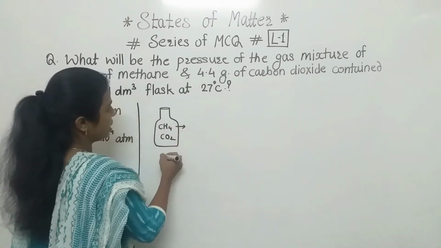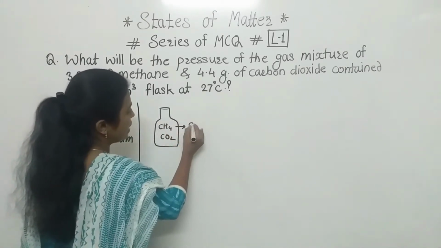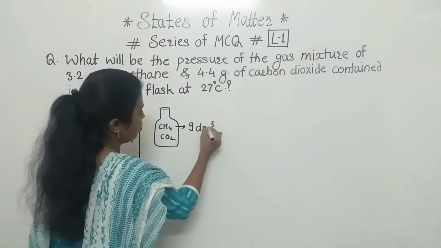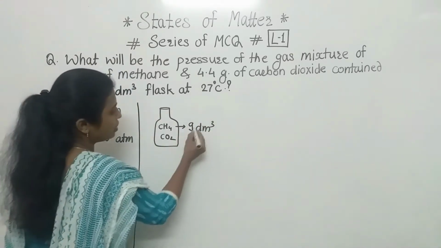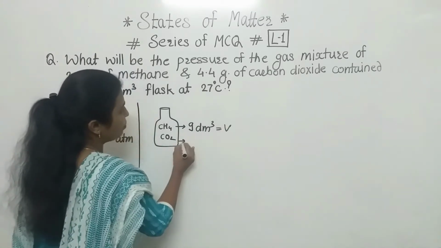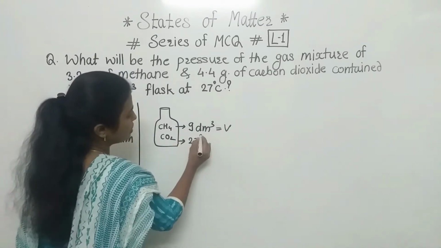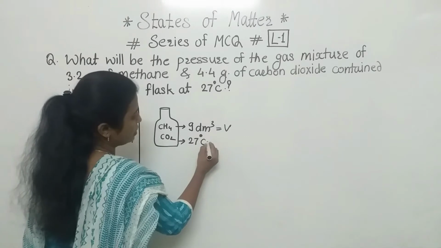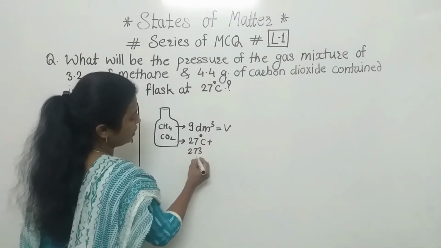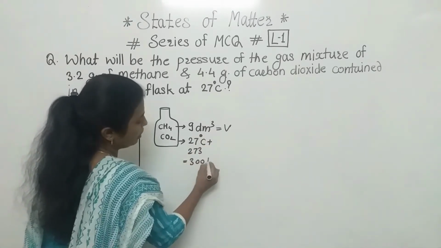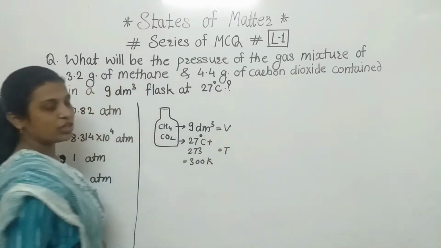Volume of this flask is 9 decimeter cube. Temperature is given, that is 27 degrees Celsius plus 273, that is nothing but 300 Kelvin, so temperature is also given.